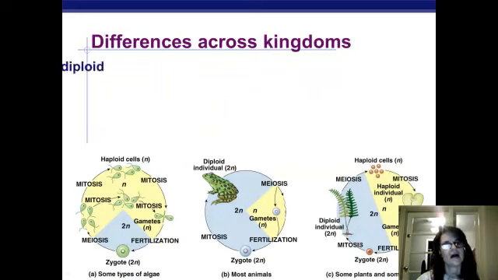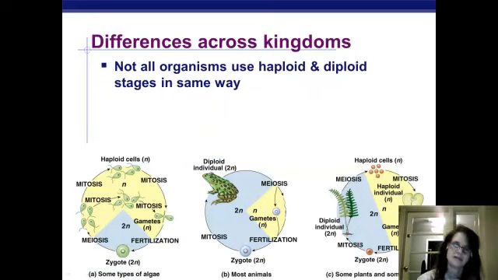Just be aware that meiosis happens a little differently across kingdoms. Here is the classic animal plan where you are haploid only in the gamete stage. You spend your entire life as a diploid organism and create gametes for just a brief time that will get fertilized and will become diploid again. Okay?